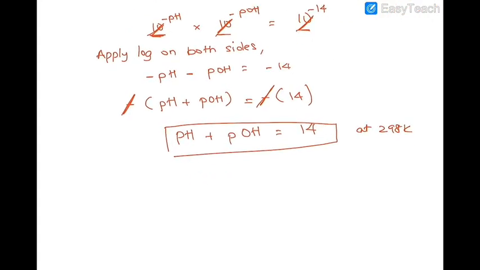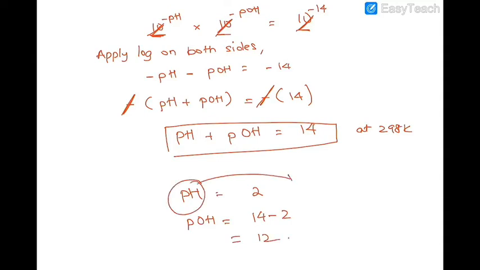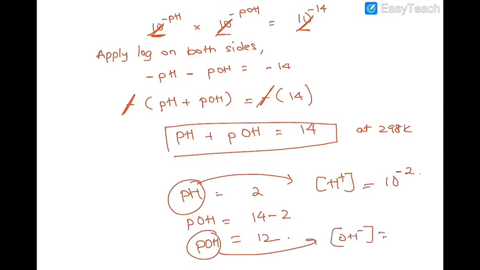So if I tell you that the pH of a solution is 2, from this you can deduce that the pOH is 14 minus 2, that's going to be 12. Now, from this pH value, you can easily calculate H plus concentration, which will be 10 to the power of minus 2. And from this pOH value, you can easily calculate OH minus concentration. That is going to be 10 to the power of minus 12. But this applies only at 298 K.